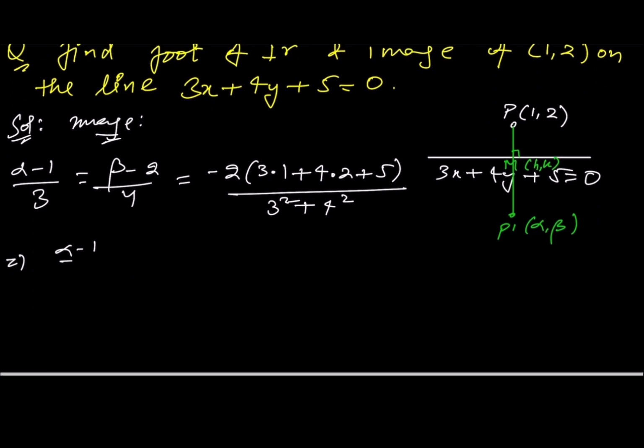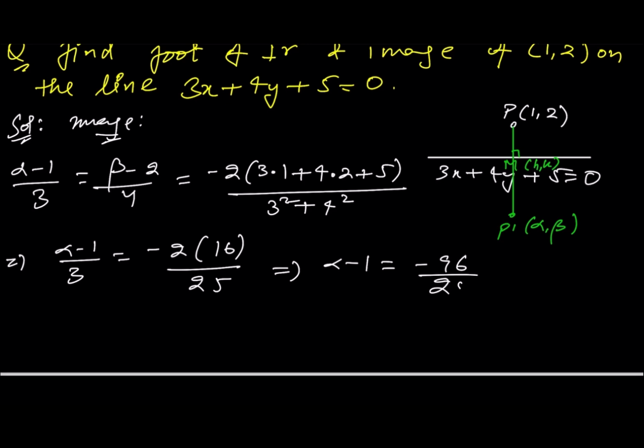So (alpha minus 1) by 3 is equal to minus 2 times (3 plus 8 plus 5), that is 16 by 25. So alpha minus 1 is equal to minus 96 by 25, or alpha is equal to minus 96 plus 25, minus 71 by 25. This is alpha.